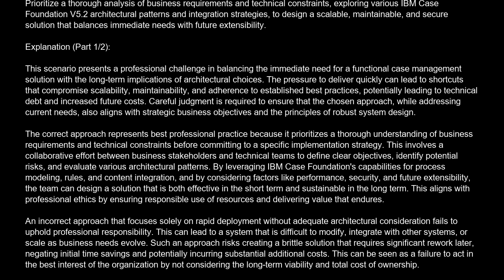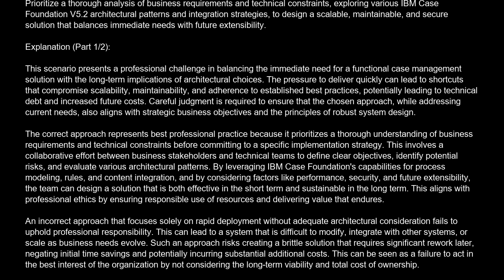By leveraging IBM Case Foundation's capabilities for process modeling, rules, and content integration, and by considering factors like performance, security, and future extensibility, the team can design a solution that is both effective in the short term and sustainable in the long term. This aligns with professional ethics by ensuring responsible use of resources and delivering value that endures.